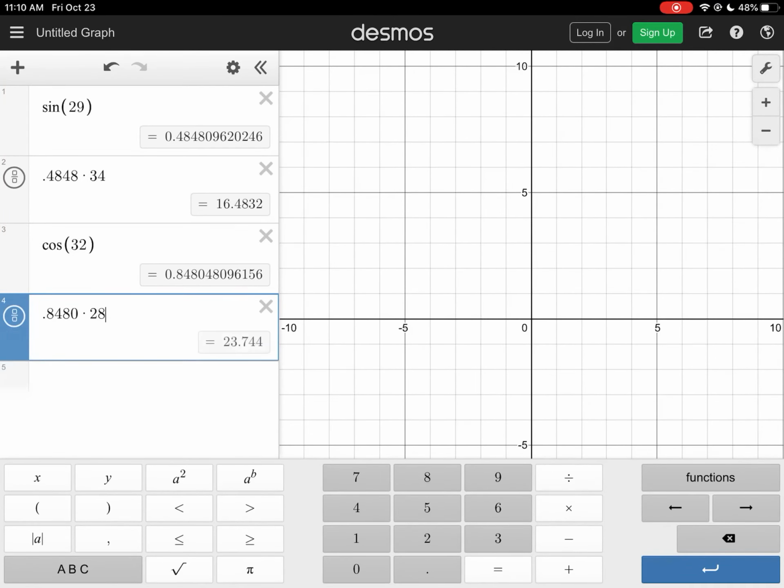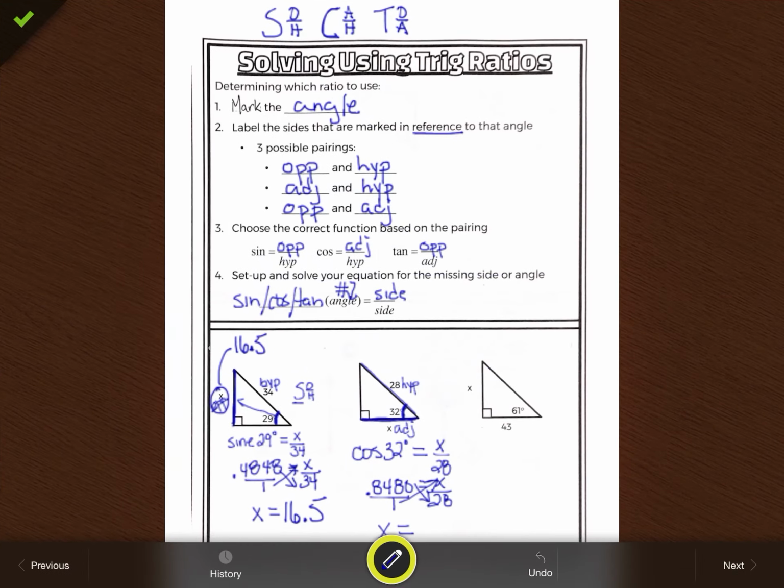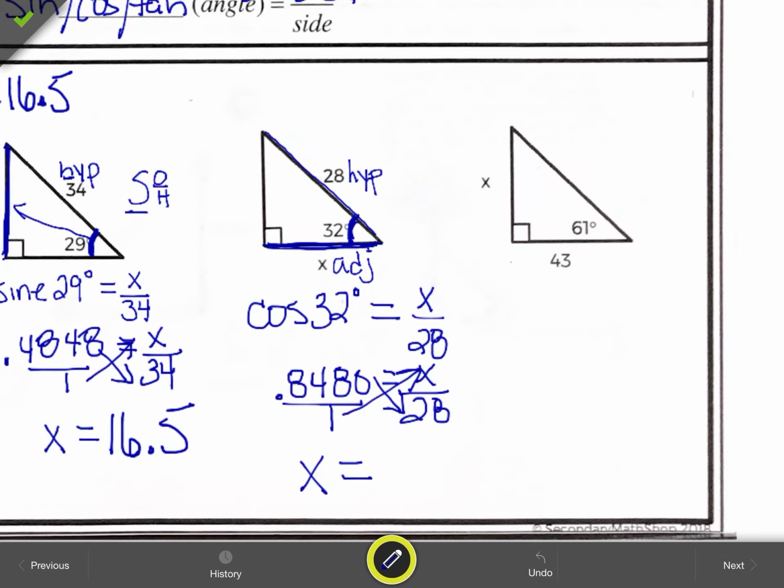It's 23.744. Since now we're finding the side measure, just round to the nearest tenth, since they haven't specifically told us which way. Okay. And so this side is 23.7 units long.